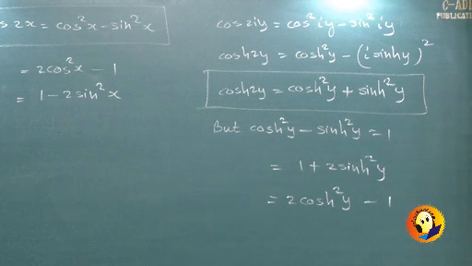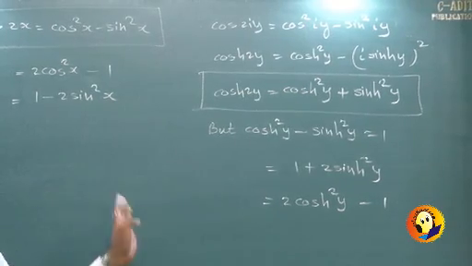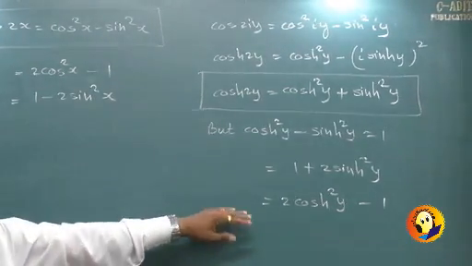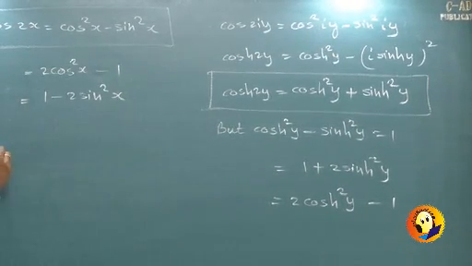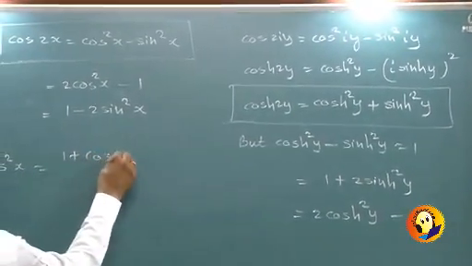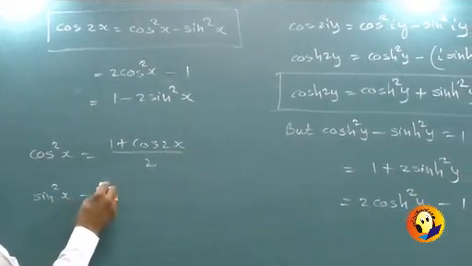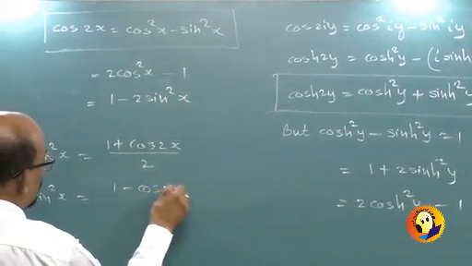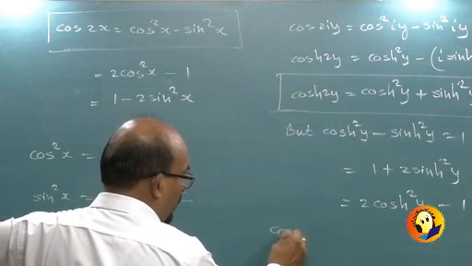So remember only the basics, that is still the thing. We can derive the required formula, that is not a big deal. I am not substituting even iy now. I am using only the basic formula to go further. Now using this only, we had formulas like cos square x is 1 plus cos 2x upon 2, and sin square x is 1 minus cos 2x upon 2, right? So what will be cosh square y?